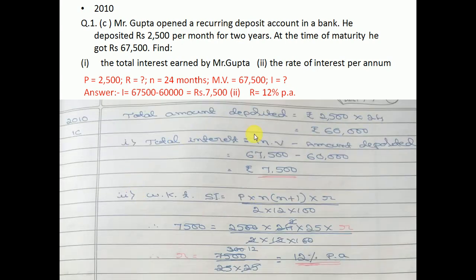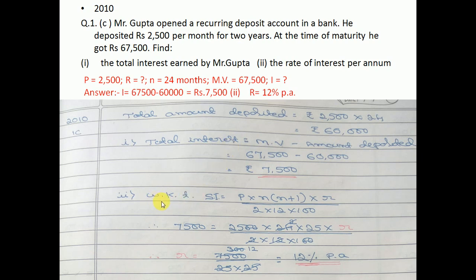Now, like last time, the amount deposited is 2,500 per month for 24 months. 60,000 rupees is the investment. Maturity value minus the amount deposited comes to 7,500, which is the total interest earned. See, the formula is the same. Subject to the formula is interest.